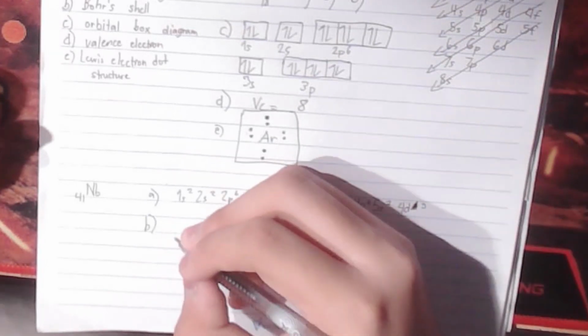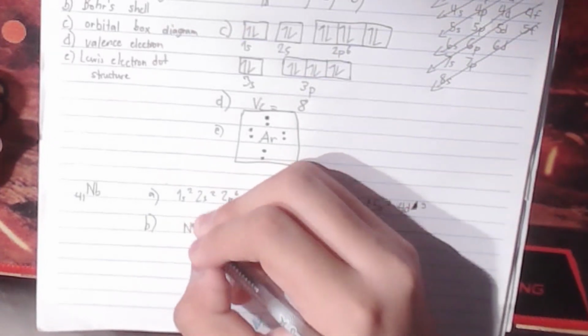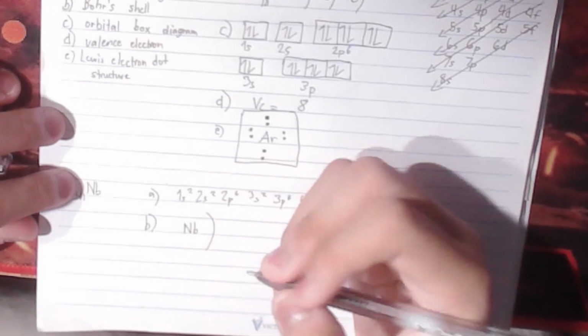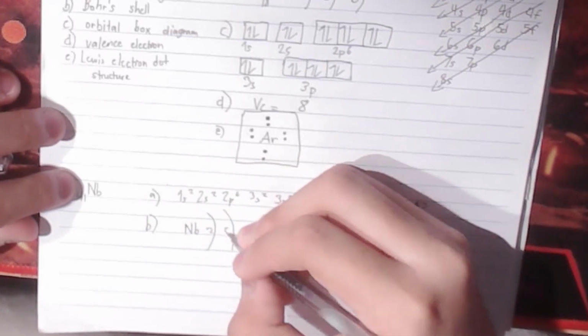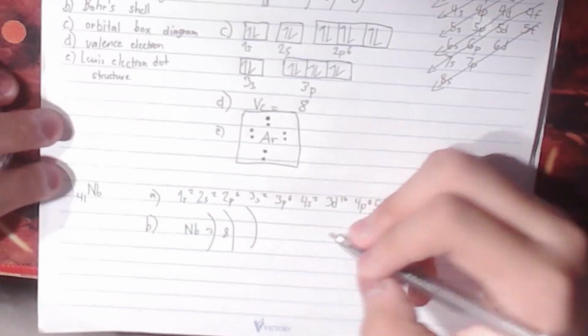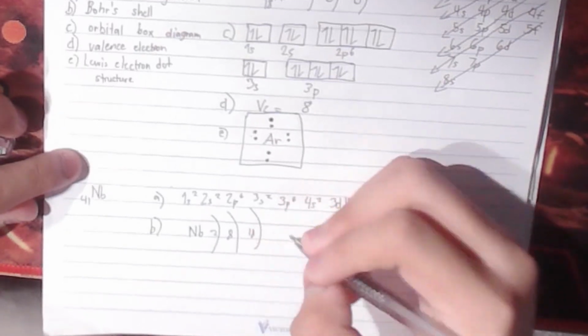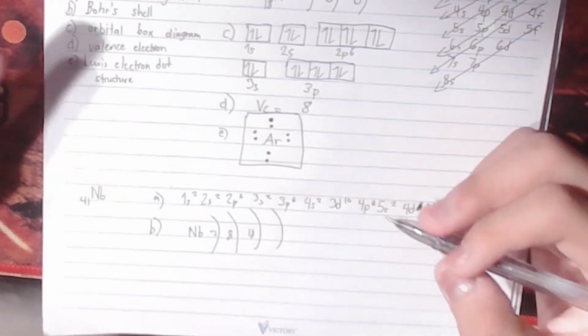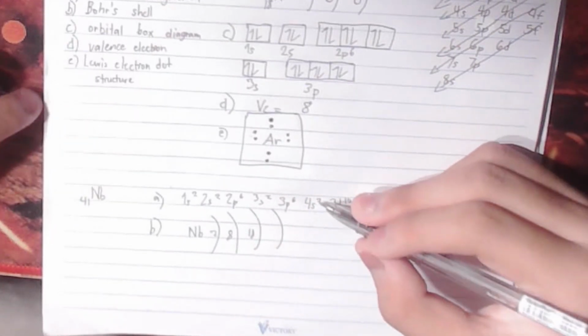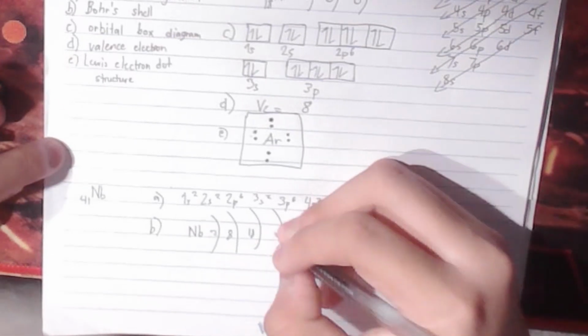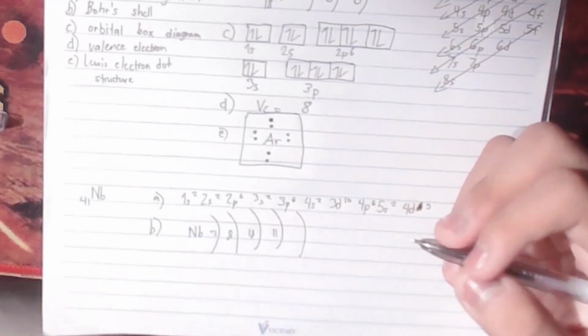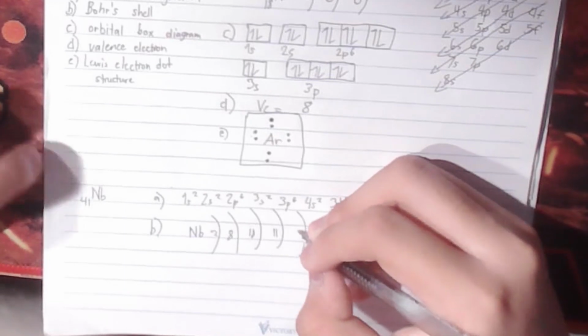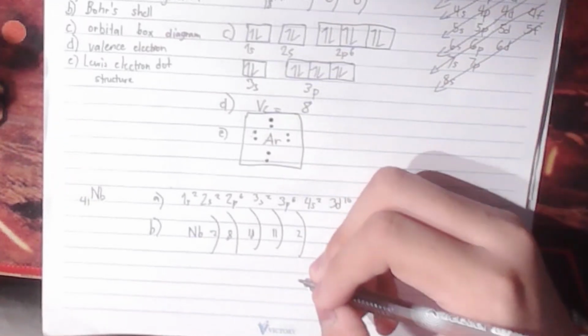For the Bohr shell, we're going to do N, V: 2, 8, 3, since it's complete, 18, 4, 2 plus 6 plus 3, 9, 11, oh sorry, and 5s2, that is 2. So that is the amount of electrons in each shell.